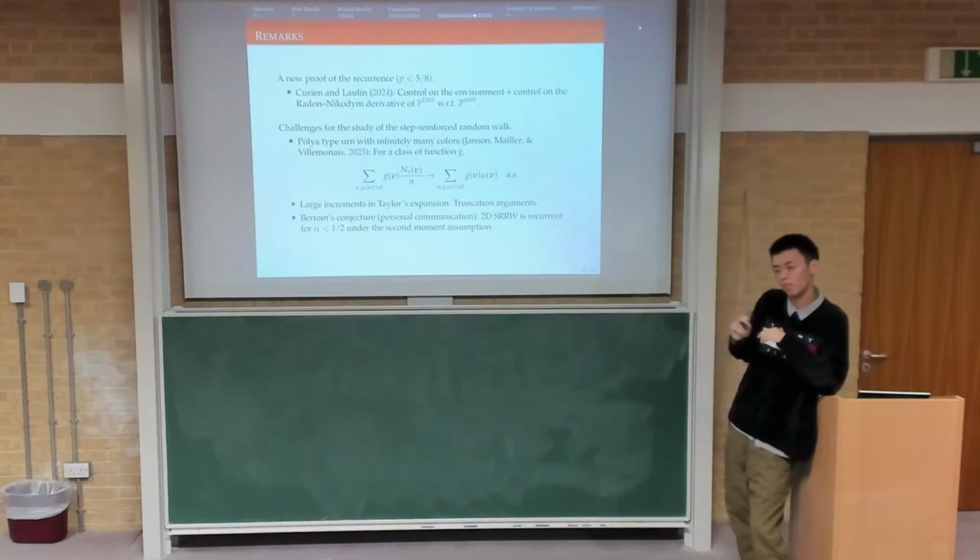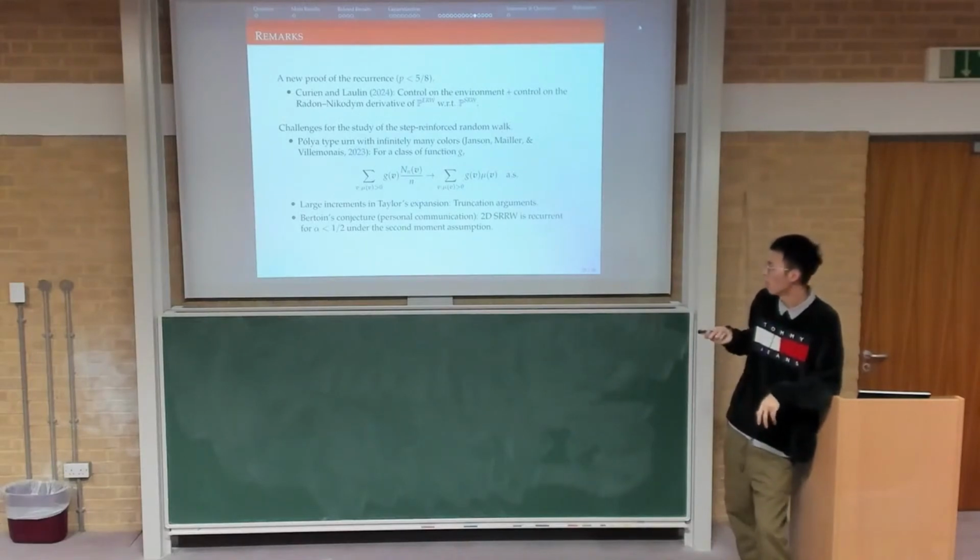But for the stable reinforcement walk, there exist some large jumps. So basically, one needs to use truncation arguments. Because of these two reasons, I impose the stronger assumption, a 2 plus delta moment assumption.